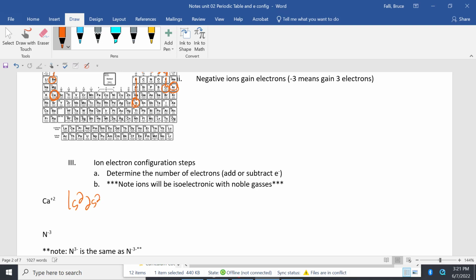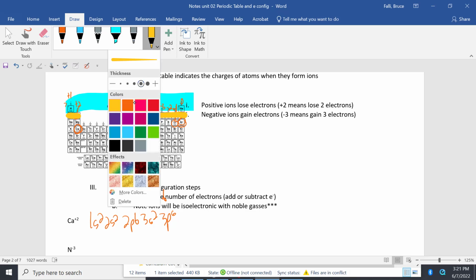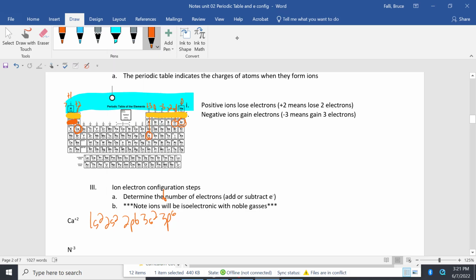1s2, 2s2, 2p6, 3s2, 3p6. I think that's argon. It is. So again, 1s2 in blue, 2s2, second row, 2p6, 3s2, 3p6.